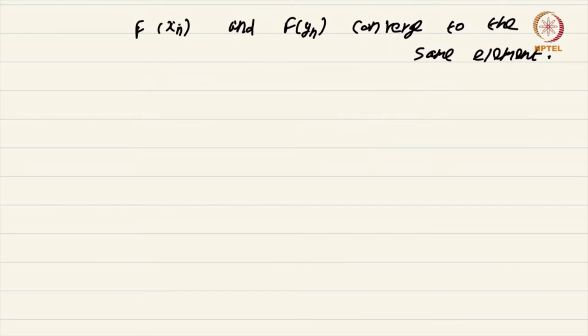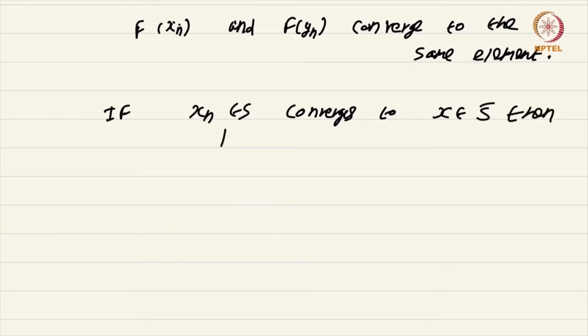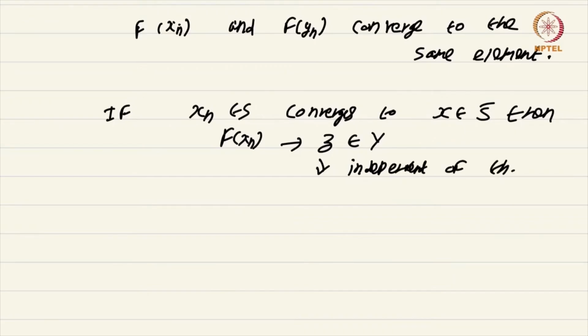What we have achieved is, if x_n in S converges to x in S closure, then f(x_n) converges to an element z in Y, and the z is independent of the choice of x_n converging to x. It depends only on the point x in S closure.